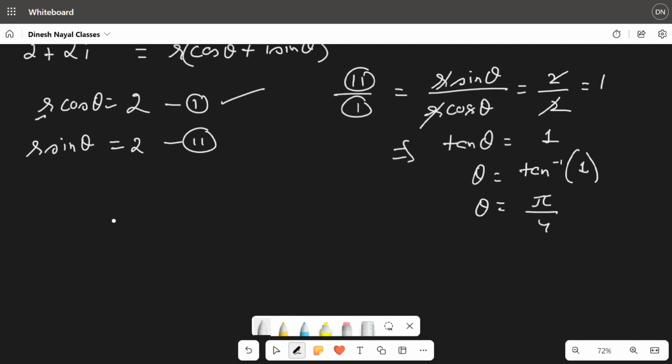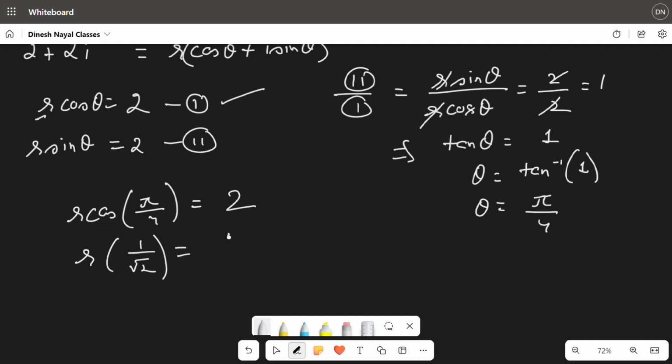So r cos pi by 4 equals 2. Cos pi by 4 is 1 by root 2, so r by root 2 equals 2. Cross multiplying, r will be 2 root 2. So now we have the argument and we have the modulus.